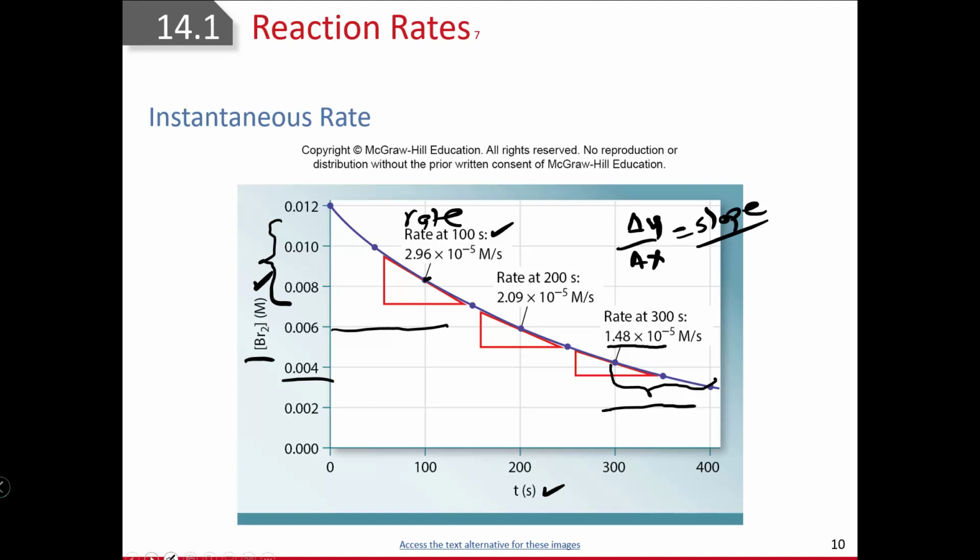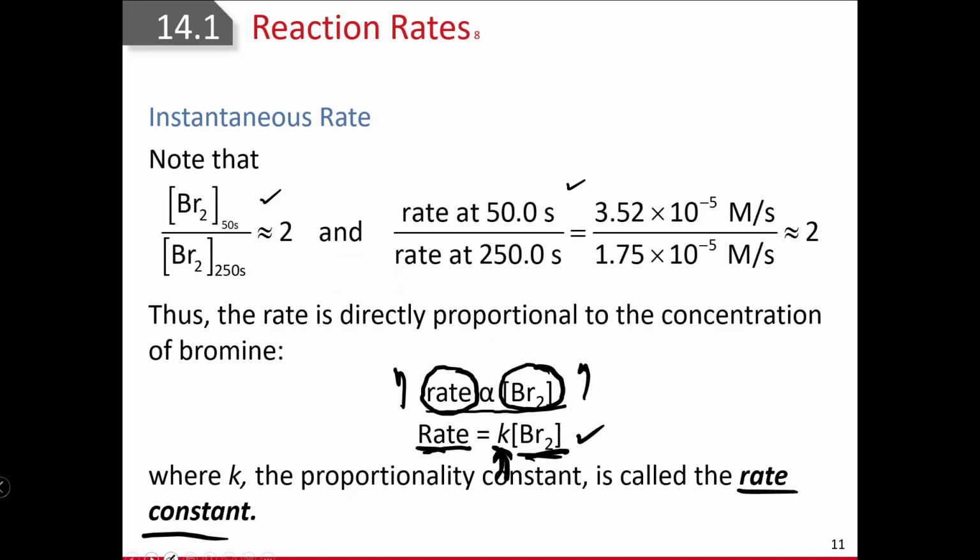When we divide the rate by the concentration at one time versus another, the slope remains constant. The only thing that's going to change the rate constant is temperature. So keep that in mind, that's what the rate constant is. It's a constant, and it doesn't change unless the temperature changes.